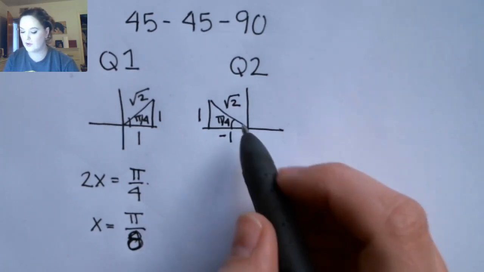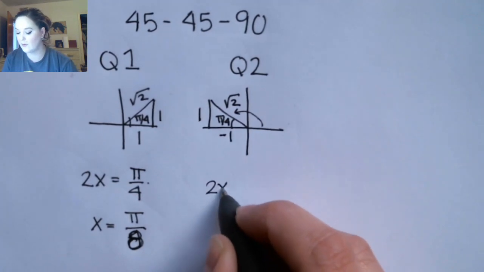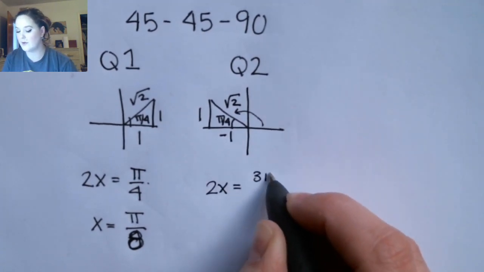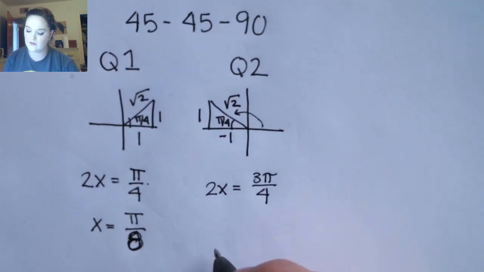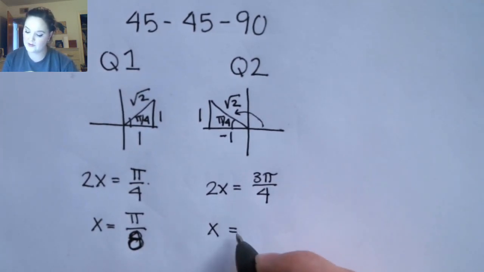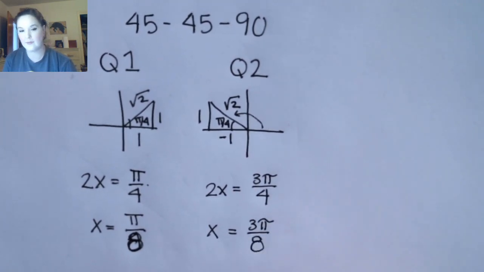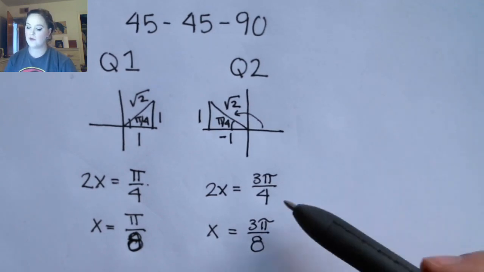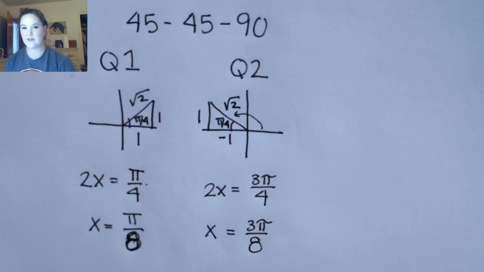We're going to do a similar thing over here. We know that this angle here is going to be 3 pi over 4, so our argument is going to be 3 pi over 4. Then we're going to divide both sides by 2. So that's a little review of what we did last time, with this one additional step of dividing by 2 to get the final answer for x.